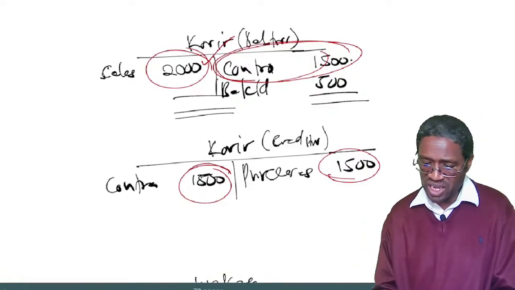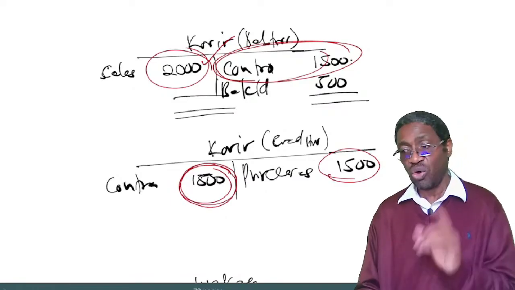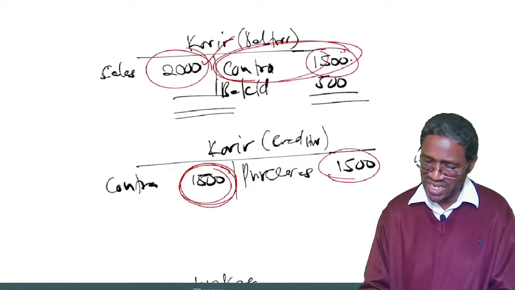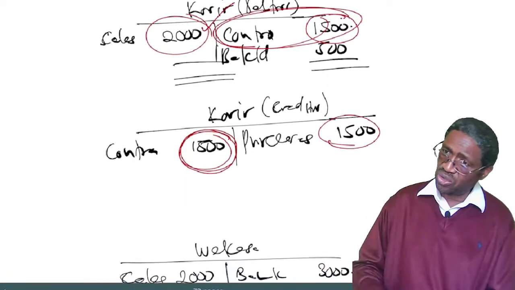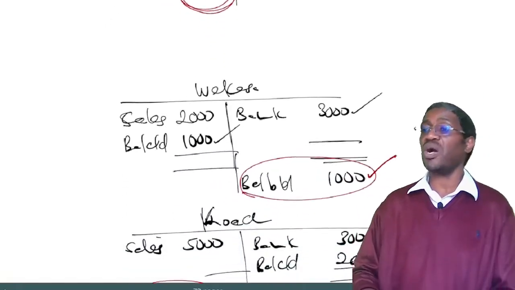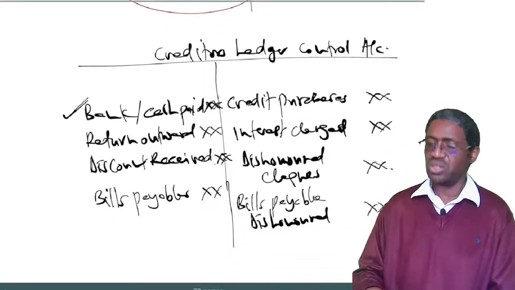So you must have debited Coril as a creditor, and you must have credited Coril as a debtor. That's what you did. So in our debtors control, we credited. Now what do you do in the control account for creditors? You must also debit.